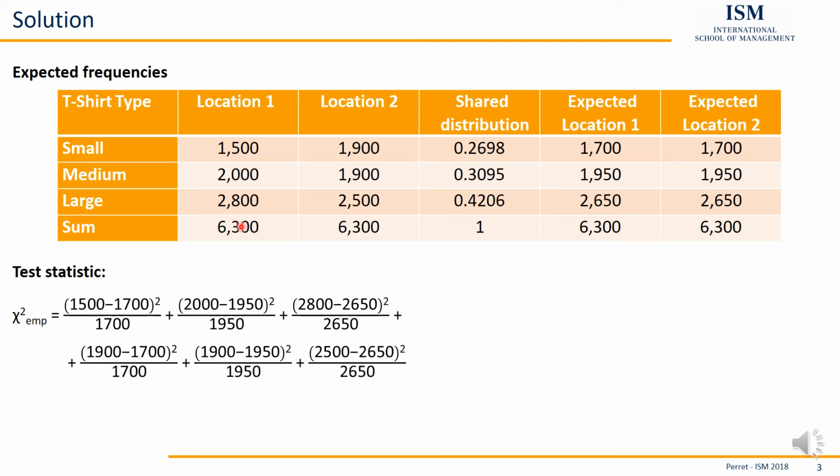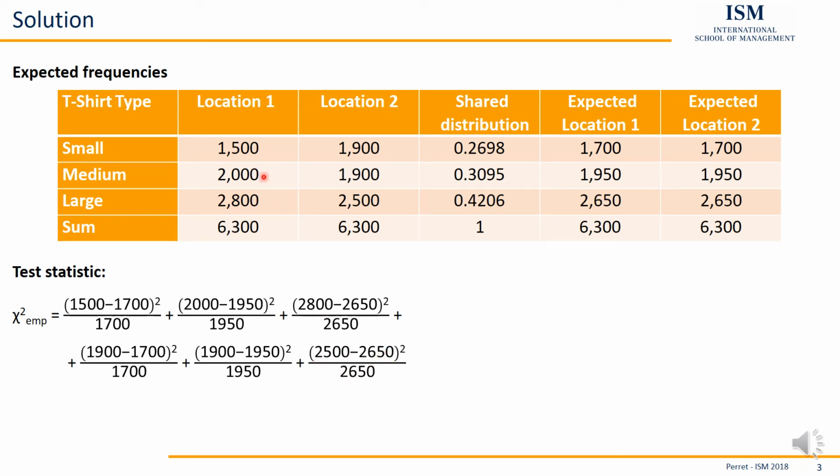Now we add the same thing for location 2: 1,900 minus the expected 1,700 divided by the expected 1,700, and of course the upper part squared. Then the same for 1,900 and 1,950, and 2,500 and 2,650.